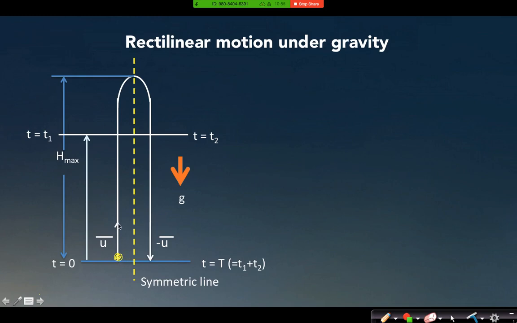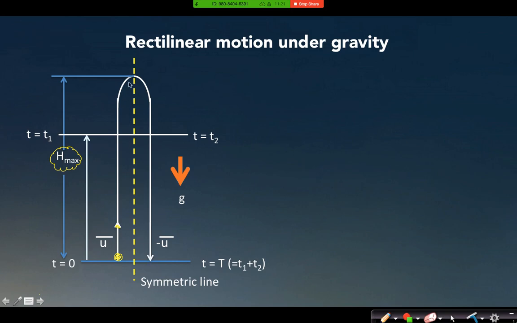You throw this ball upward in air with a certain initial velocity u, right? U, I have given it a vector. So with certain initial velocity u, you have thrown this particle upward, and you should note that after going a certain height, which I have called maximum height h max, the particle again comes back, right? Again it returns to the original position.